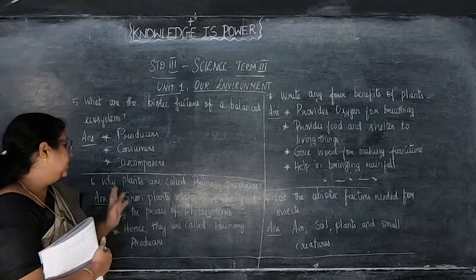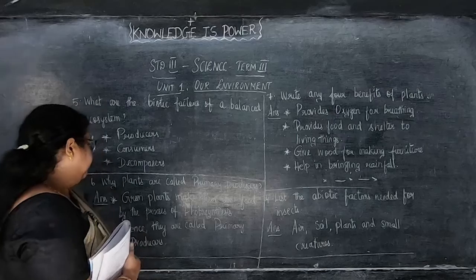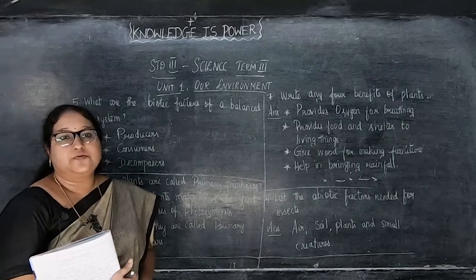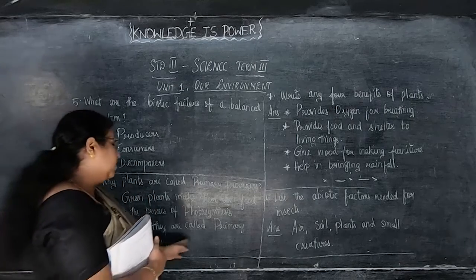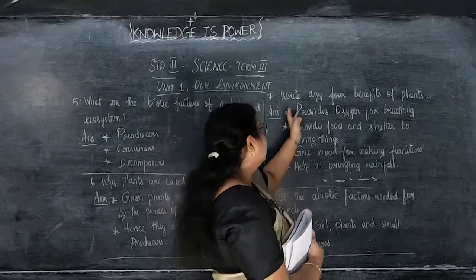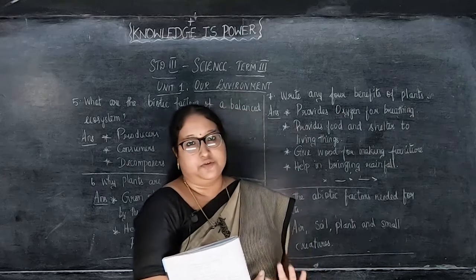So once again we'll read. Why plants are called primary producers? Green plants make their own food by the process of photosynthesis. Hence they are called primary producers. So then our last question, write any 4 benefits of plants. How many benefits, student? 4 you are going to write.